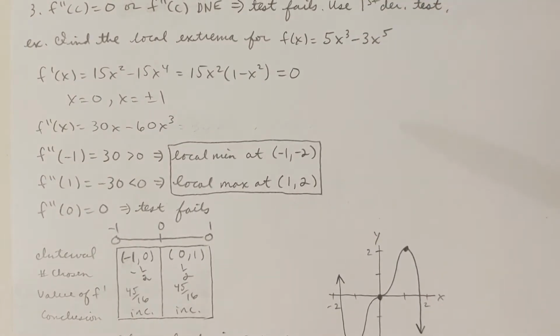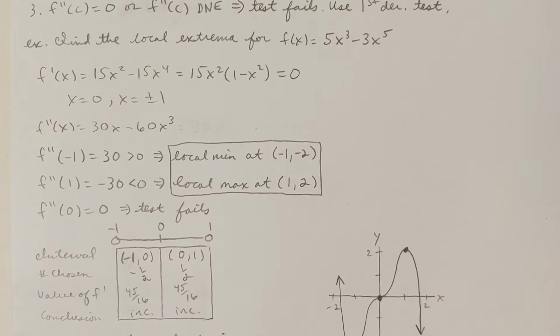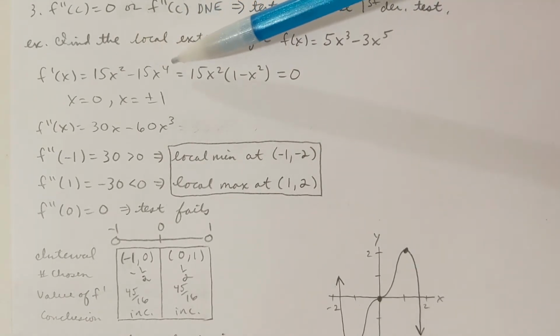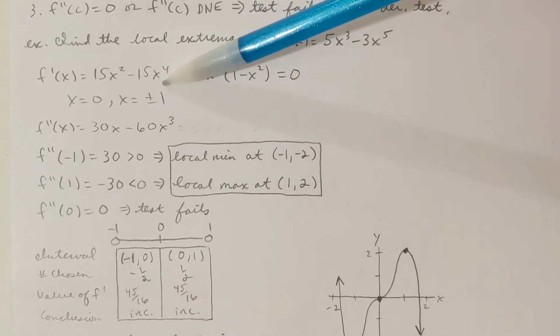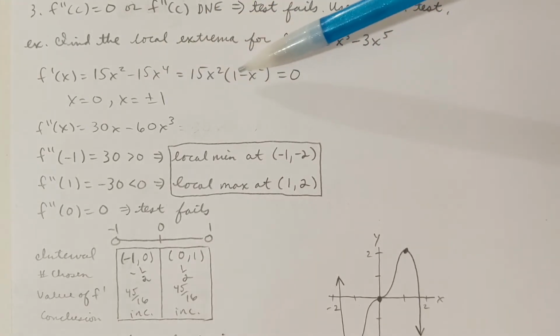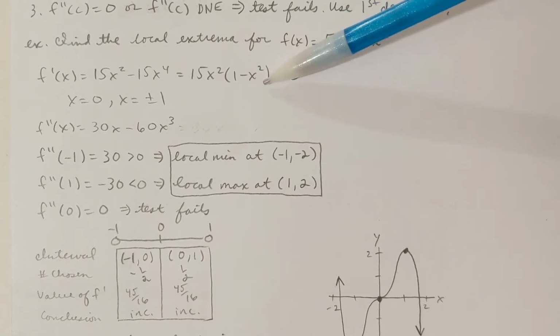In this example, I want us to find the local extrema for the function f of x equals 5x cubed minus 3x to the fifth. We'll use the second derivative test to do this problem. Well, f prime would be 15x squared minus 15x to the fourth. 15x squared is in common to these two terms, so I can factor that out, and the leftover would be 1 minus x squared.